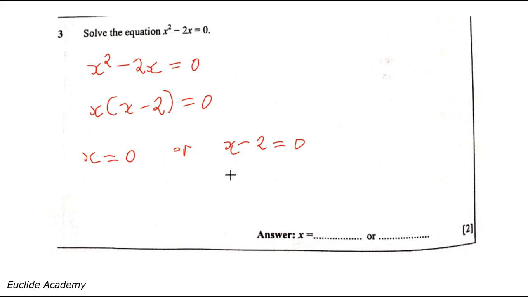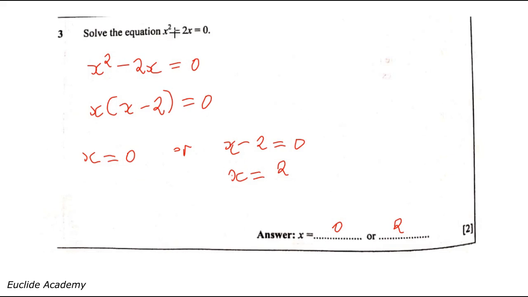So if x minus 2 is equal to 0, what is x equal to? It means x is equal to, so we can subtract 2 from both sides, or simply say we make 2 jump to the other side, which basically makes it a positive 2. So x is either equal to 0 or positive 2.